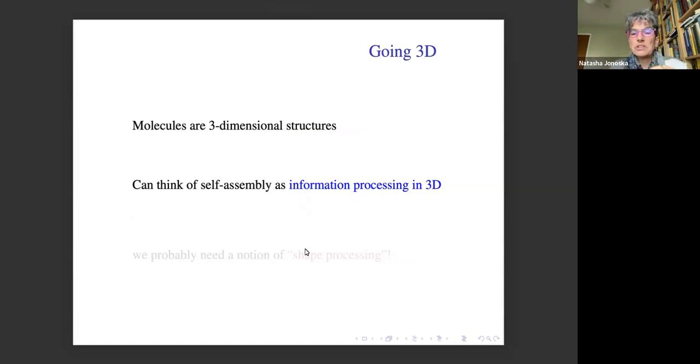For information processing, we don't really have a good mathematical model for this because, well, I guess we need something like shape processing. Everything that our electronic computers do is on zeros and ones, which is, in fact, one-dimensional. And we're talking about three-dimensional, and we have no mathematical models for how to deal with these things.